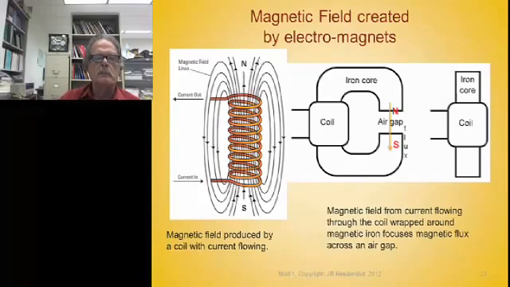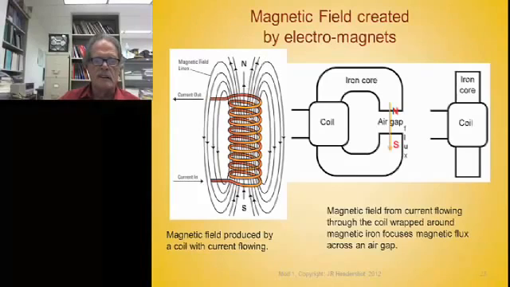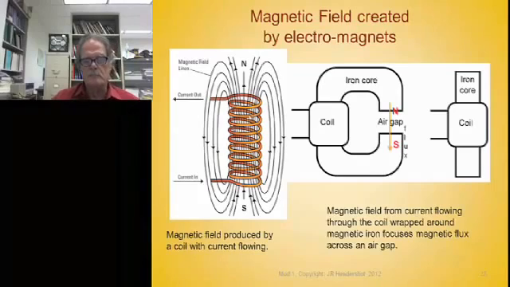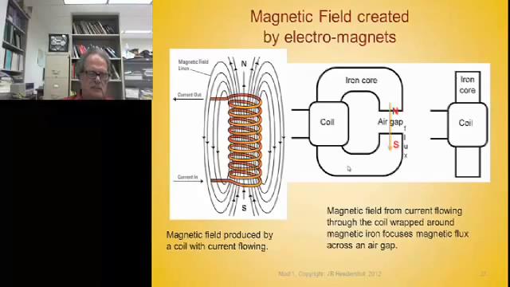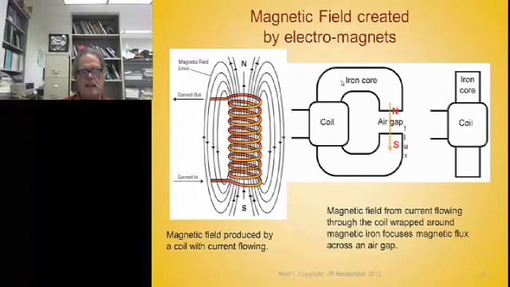Permeability is the measure of a material's ability to collect and transmit magnetic fields. So if we replace this air with the iron core that you see in this picture, the iron core material varies. Stainless steel is magnetic: the 400 series magnetic stainless steels have a permeability in the range of 250 to 350.